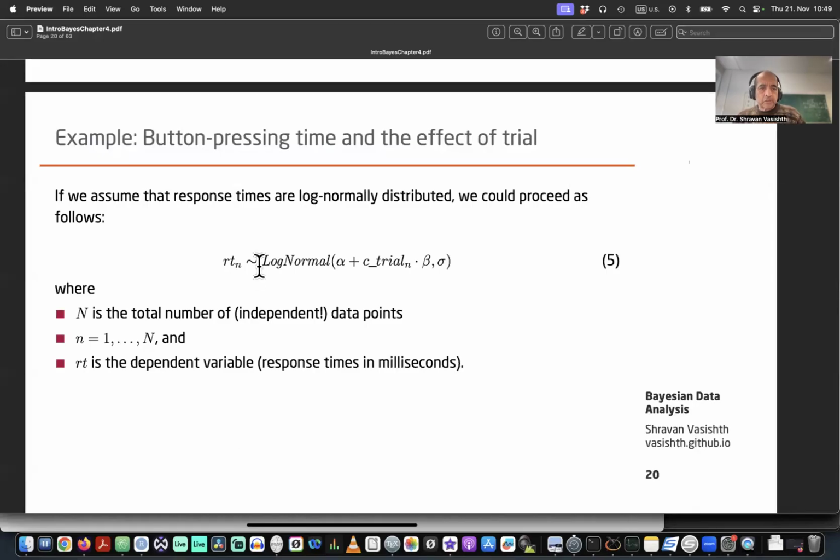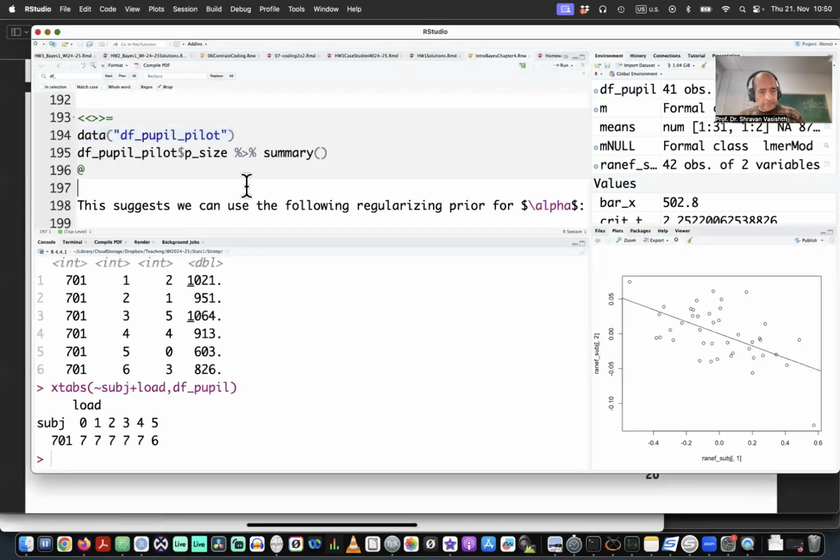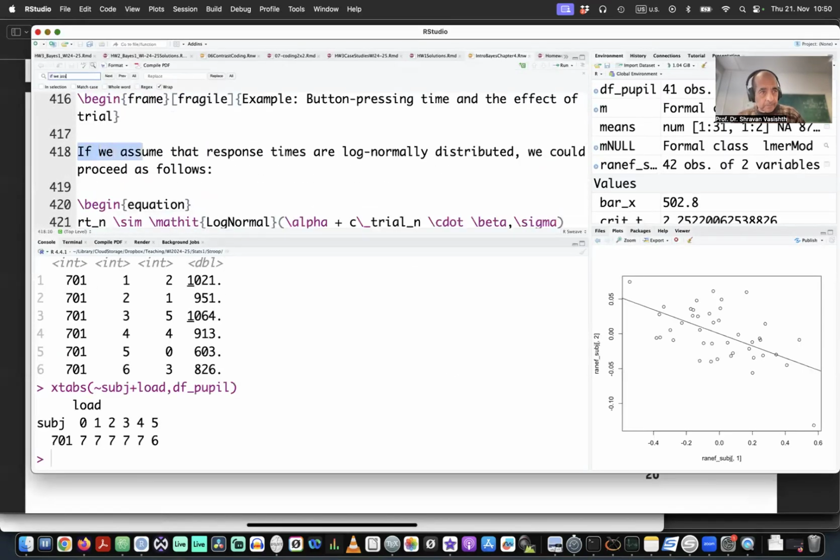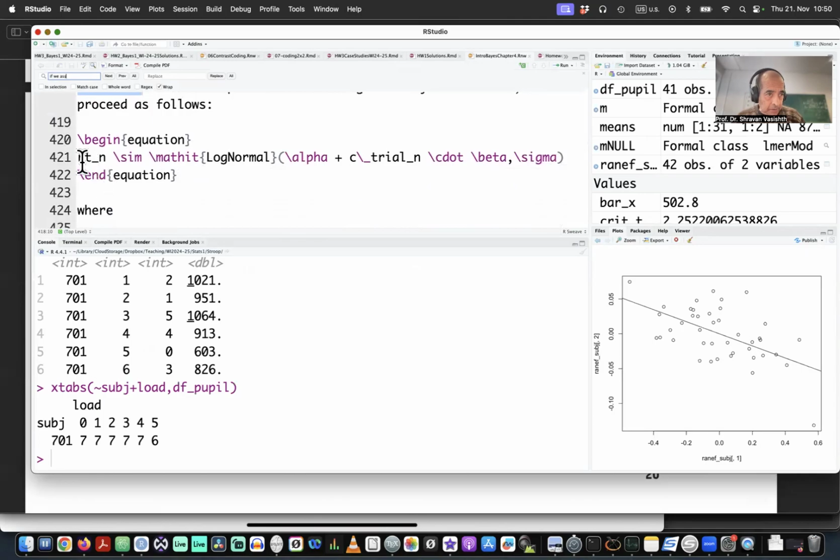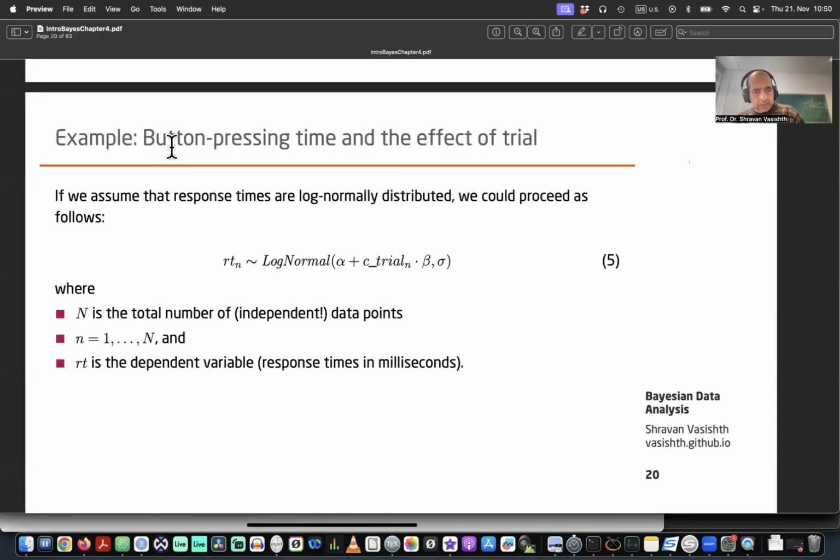So now we're going to assume that our button pressing times, I should have called this T to be consistent with the chapter 3 notation, so this will be fixed once I recompile.